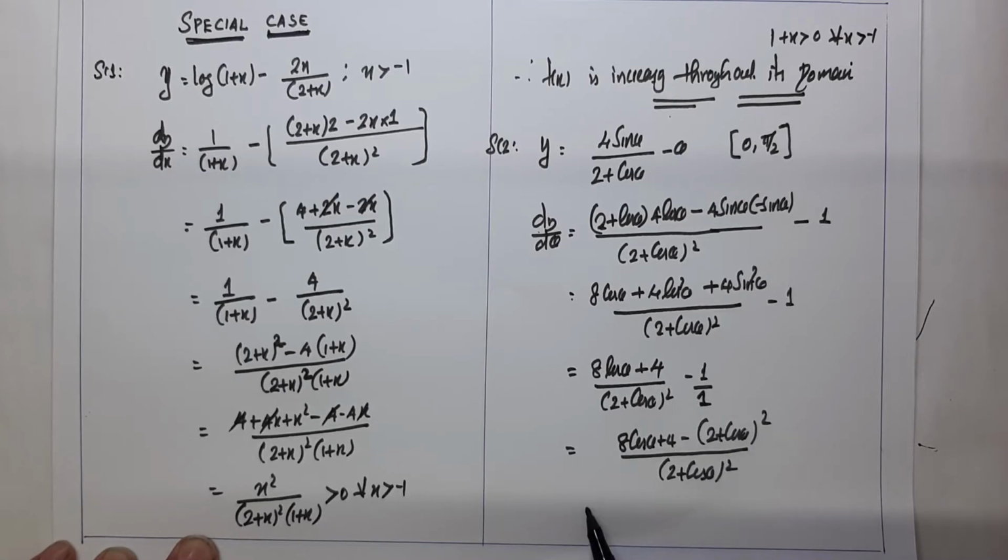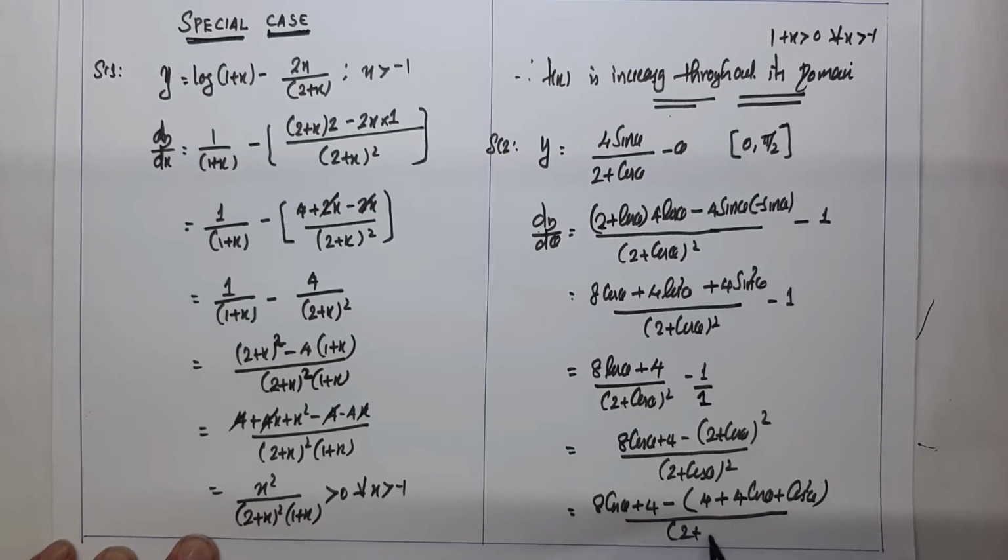That is equal to 8 cos theta plus 4 minus a plus b the whole square, that is a square plus 2ab, 2 into 2, 4 cos theta plus cos square theta, the whole divided by 2 plus cos theta the whole square.